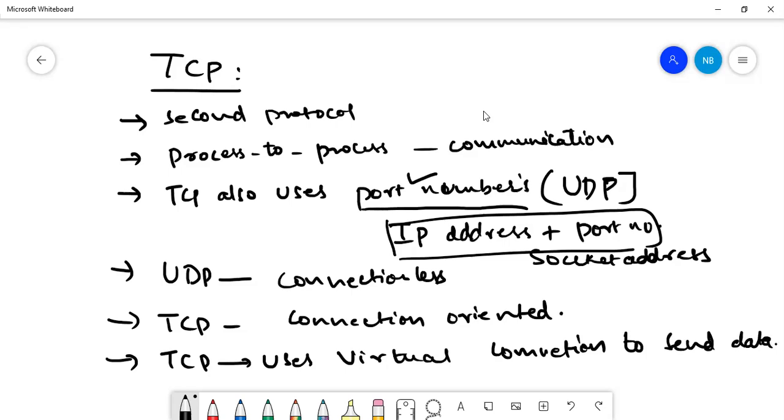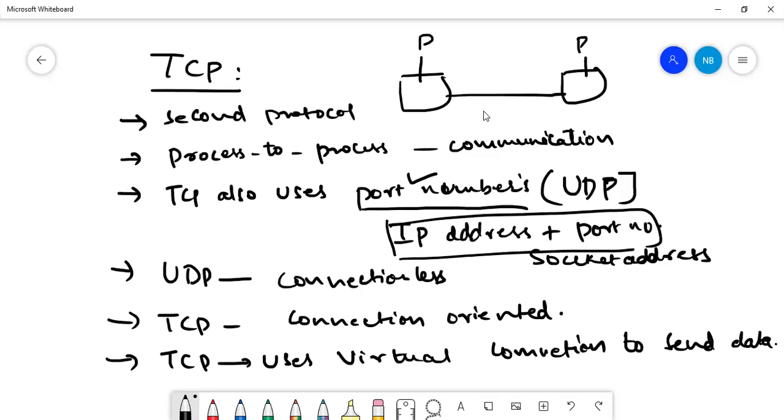Now, what is this virtual connection? Let us say there is a process here and a process here. This is the network or the PC on which the process is being executed.